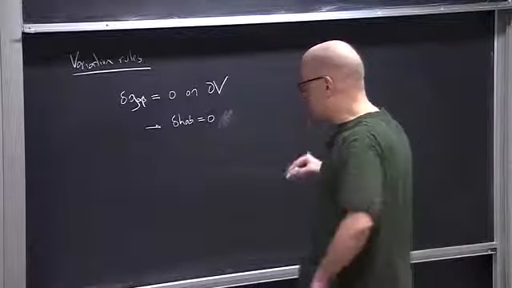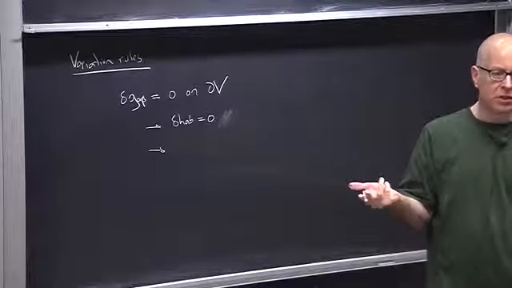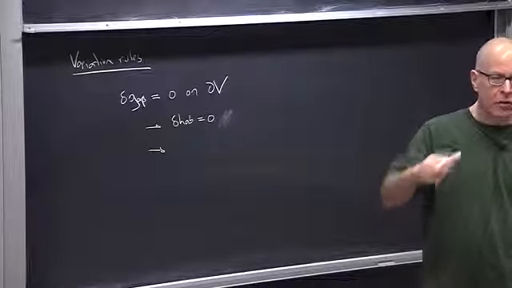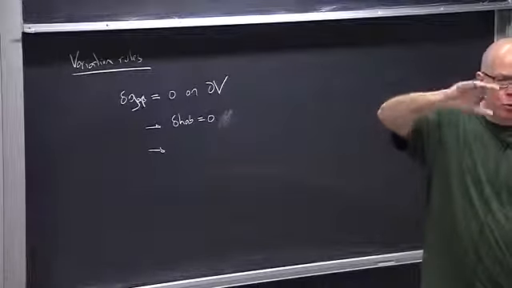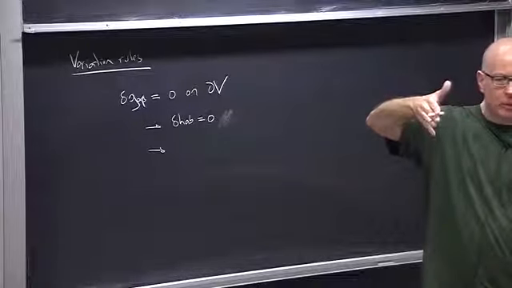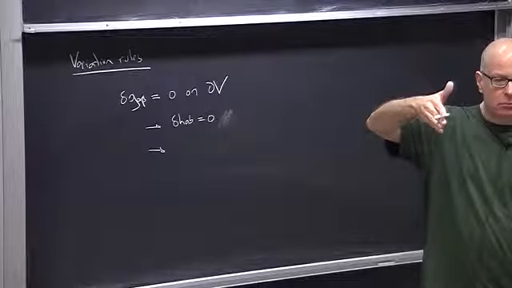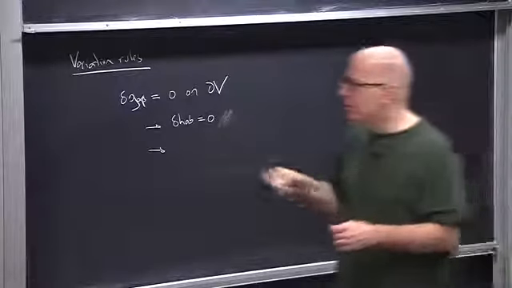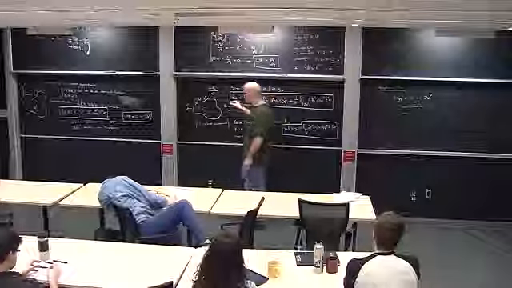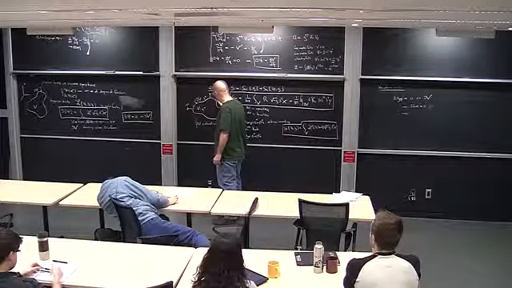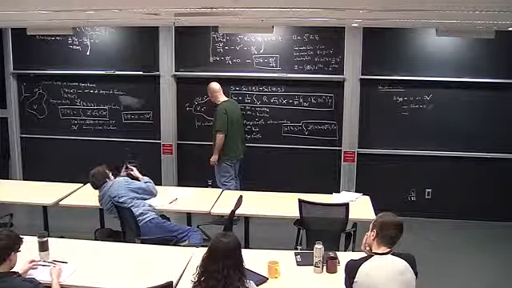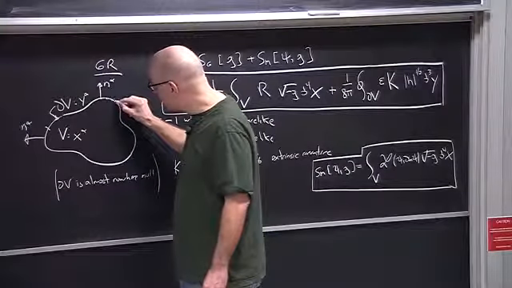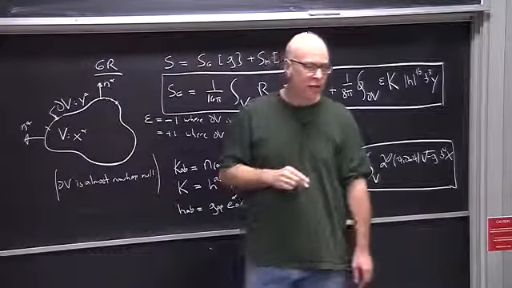Another consequence of this is that even though I don't want to make any statements about derivatives, if the metric is fixed on the boundary, all tangential derivatives on the boundary will be fixed as well. Right? So if the metric doesn't change as I move, the metric is fixed everywhere here, which means that derivatives of the metric within the boundary have to be fixed as well.